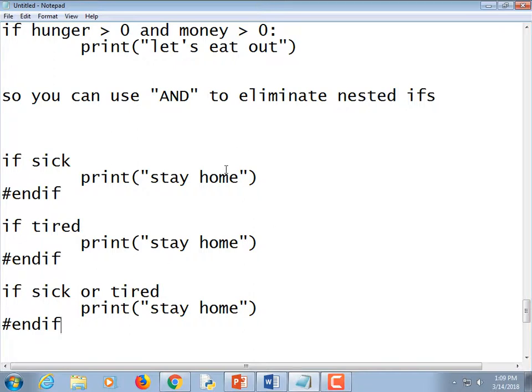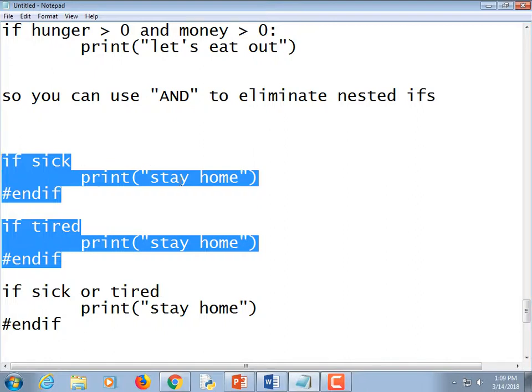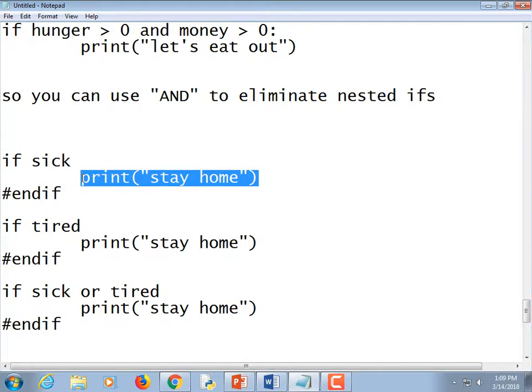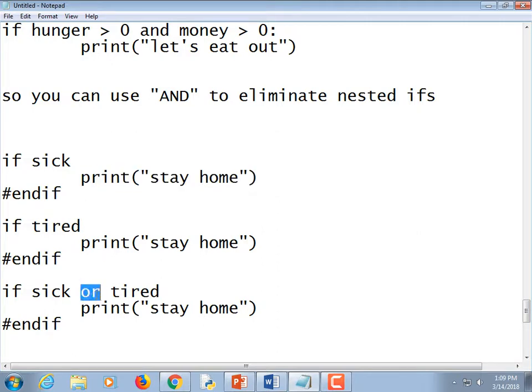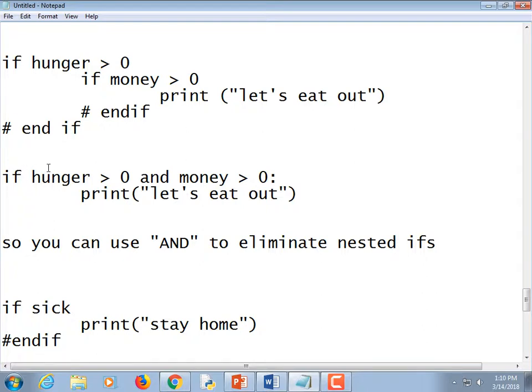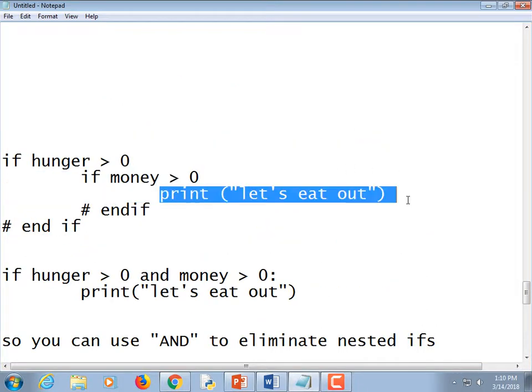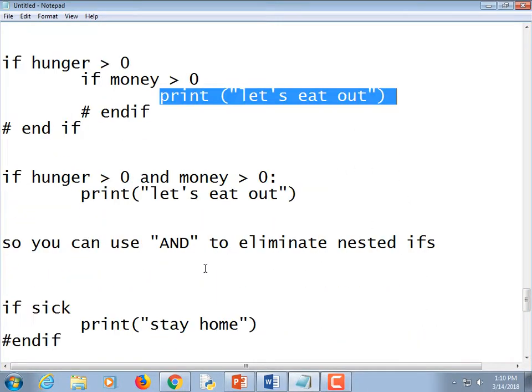Right? So the or is replacing repeated if statements that have the same result. If you have several if statements in a row and they're all producing the same end result, you can combine them with an or. If you have several nested ifs before something finally happens, you can replace those with an and.